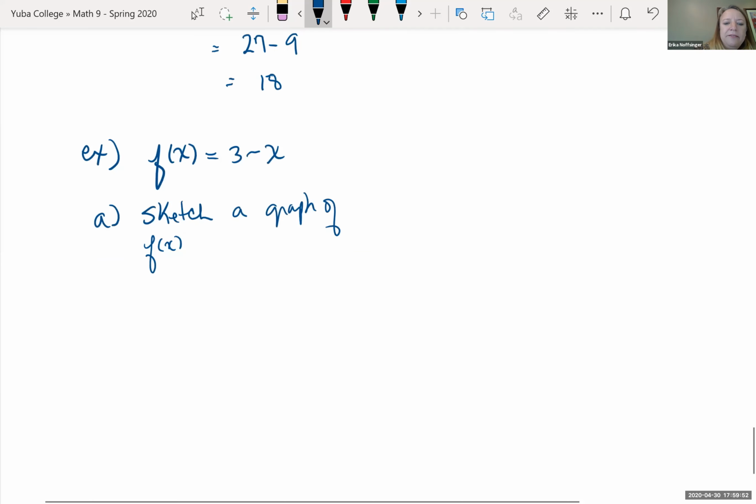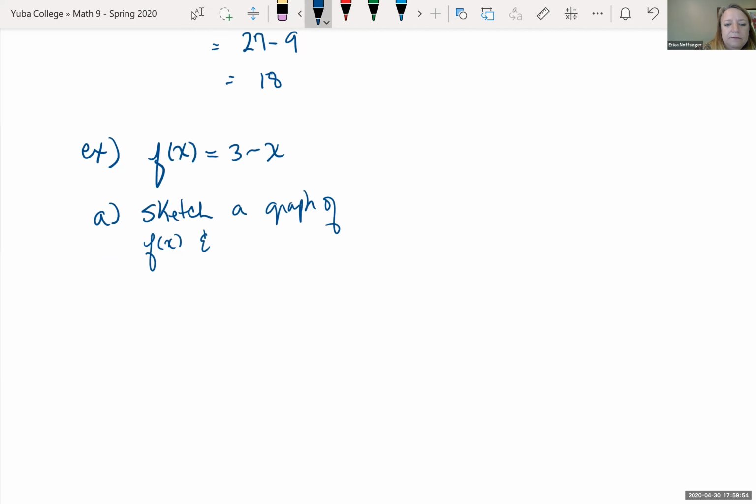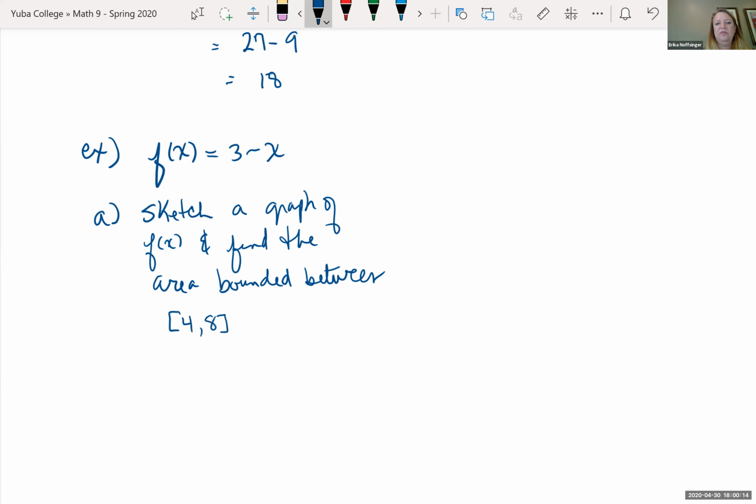So sketch the graph of f of x and find the area bounded between 4 and 8 and the x-axis.